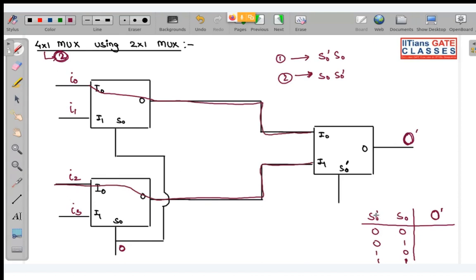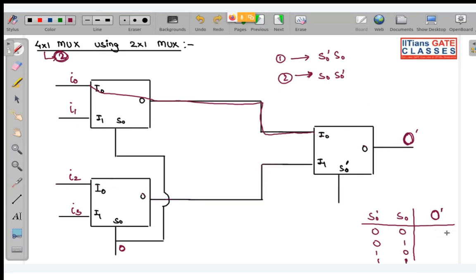And S naught dash is also 0, so this line will be forwarded over here. So you can see I naught is being selected. I naught, I1 are the inputs of your 2 cross 1 mux, and I naught, I1, I2, I3 are the inputs of the combined 4 cross 1 mux. So you can see I naught is being selected.